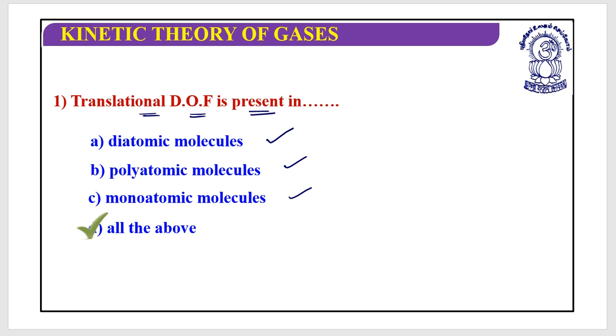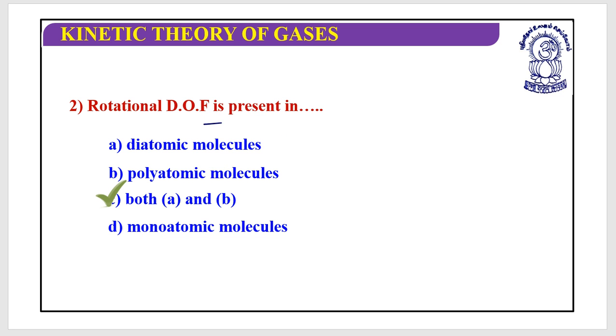Yes. Monoatomic molecule? Yes. So all of the above contain a translational degree of freedom. Next, rotational degree of freedom. Rotational degree of freedom is present in the diatomic molecule, yes. Polyatomic molecule, yes. So it is contained in both A and B.